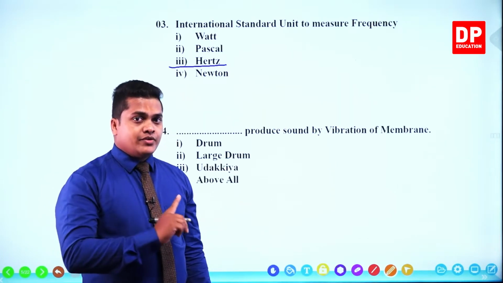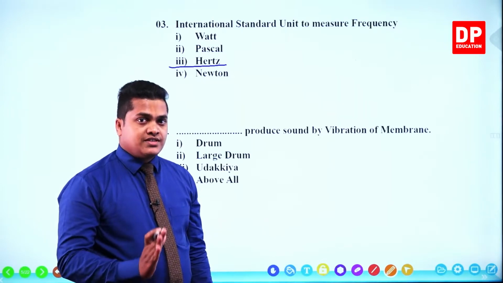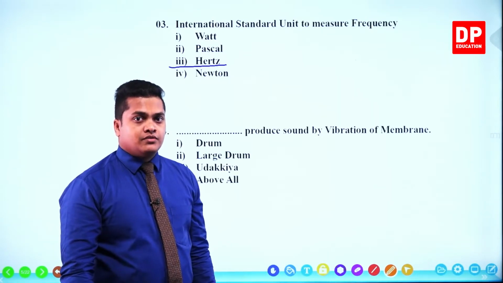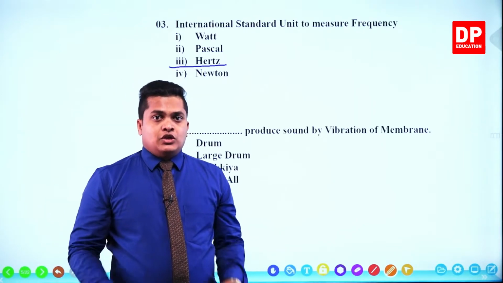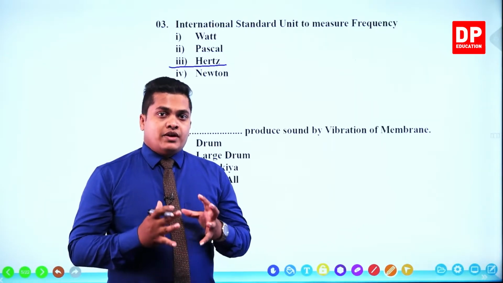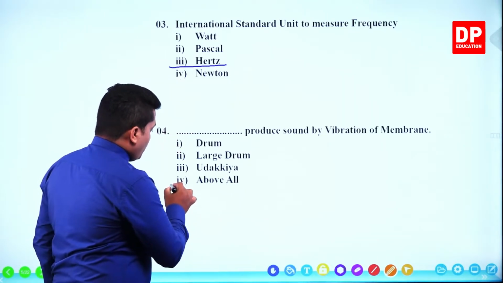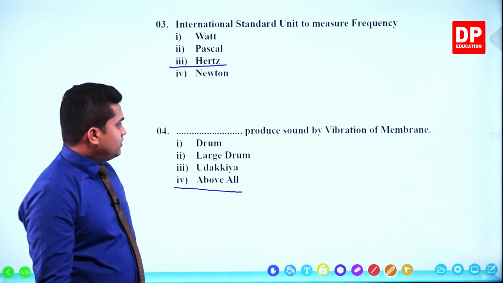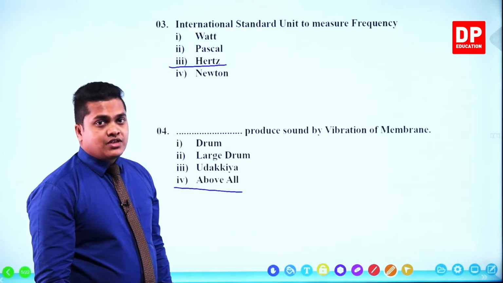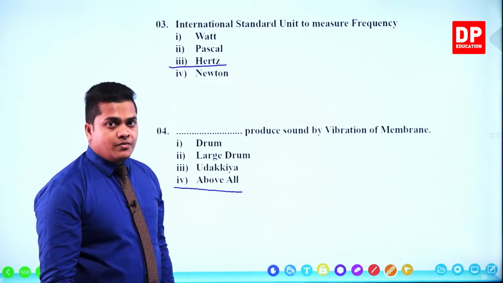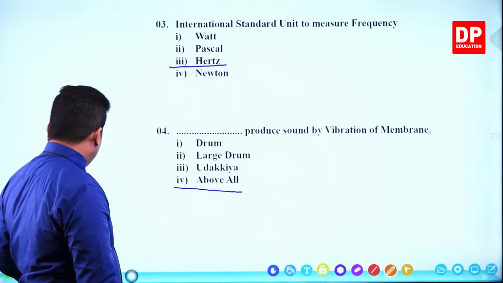And I told you earlier, Udakir is also a musical instrument which follows the same thing as drums to produce sound. So Udakir also produces sound by the vibration of a membrane. So therefore, all of these are correct for the blank which produces sound by the vibration of a membrane. Right. Move on with the next thing then.